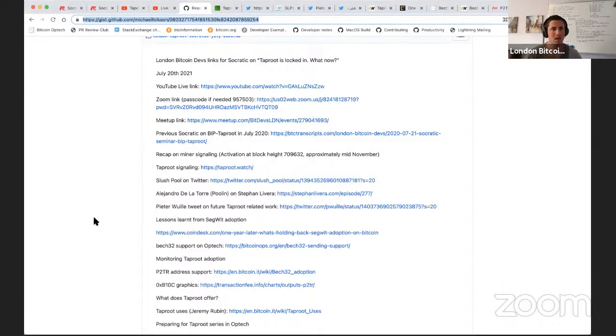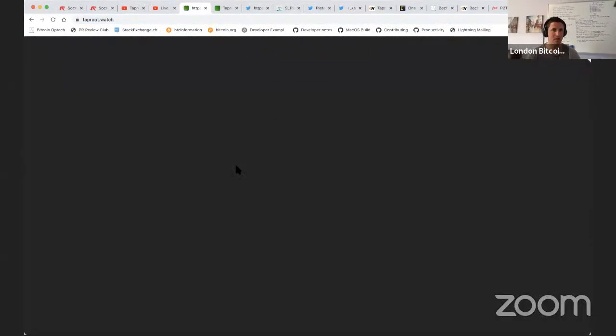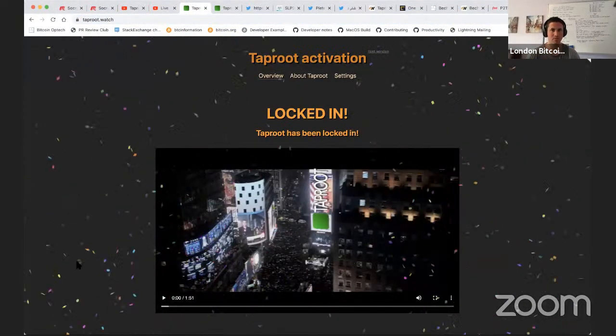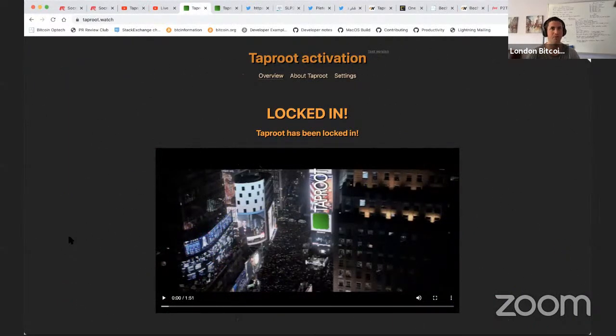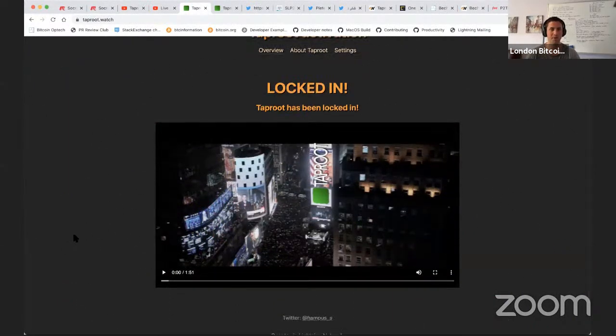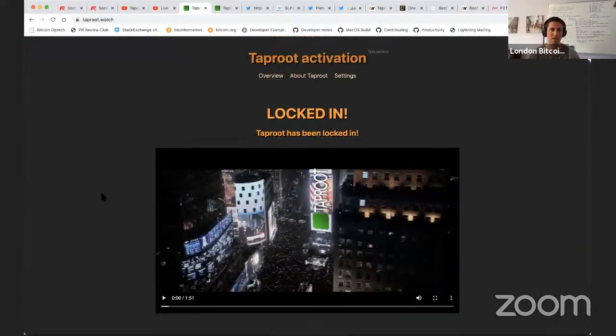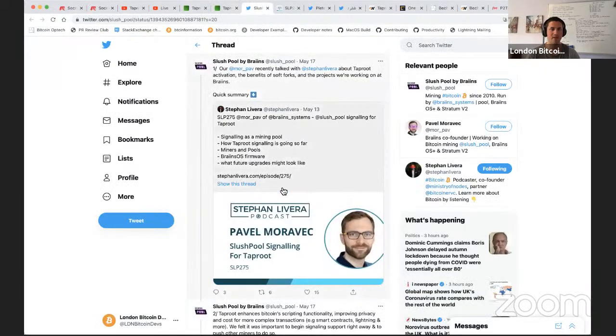I thought we'd recap the miner signaling. So just very briefly, as I said, activation in November. We had the Taproot Watch site that was great in terms of being able to monitor which mining pools were signaling, and that seemed to get a lot of attention on social media, etc. I was really impressed by some of the mining pools.